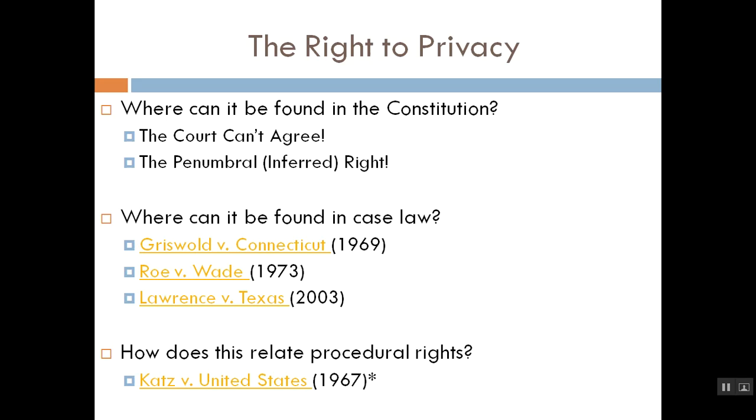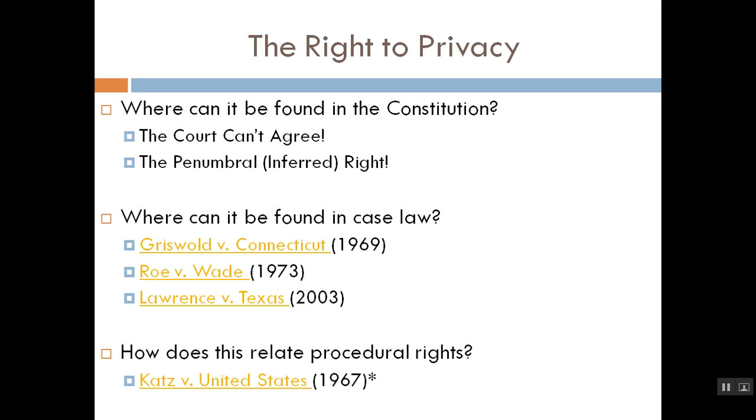Well, in answering that question, we have to do a fairly in-depth discussion, and we don't actually have time for that. I want you to understand that the court cannot agree on where the right to privacy comes from in our Constitution. In Griswold versus Connecticut, the plurality opinion, the court's opinion, relied on the 1st, the 3rd, the 4th, the 5th, and the 9th Amendments.